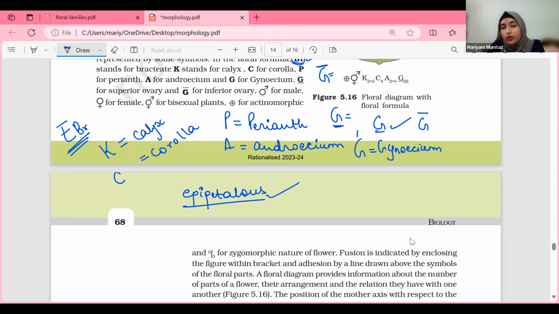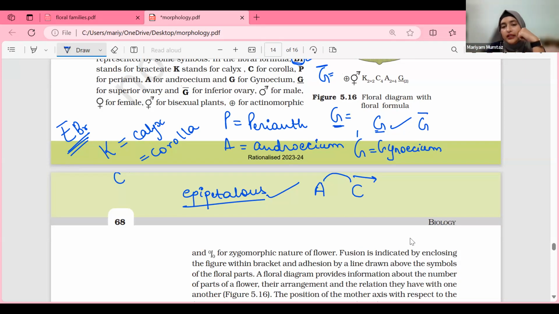And when we want to denote that, see, the corolla, and the symbol for androecium is A. When we want to show that the androecium is present on the petal, we would make an arc like this, after you've written, where was the last thing? What was the last thing that you've written in your notebook? No bracket.